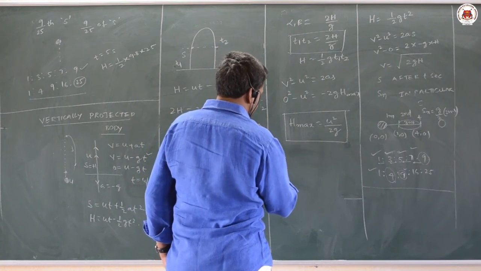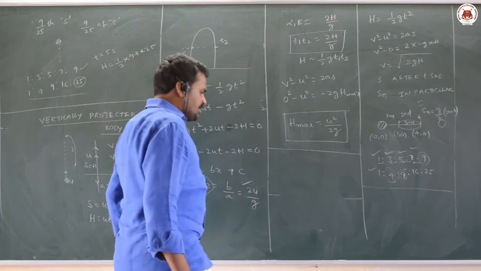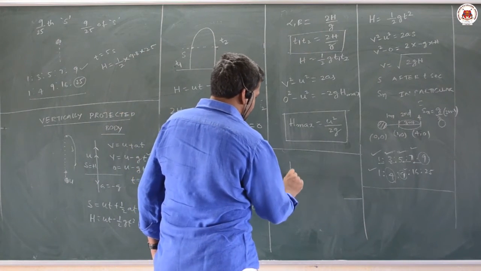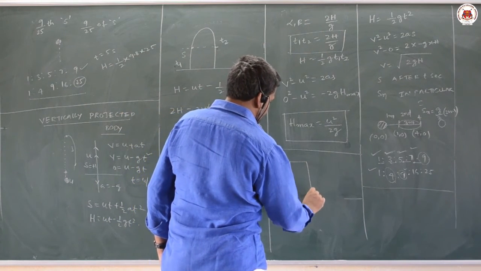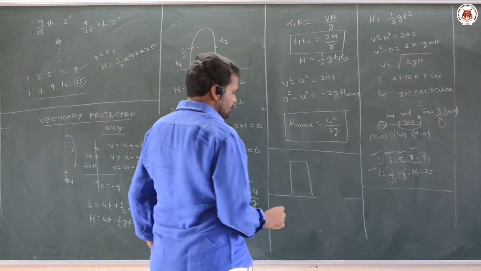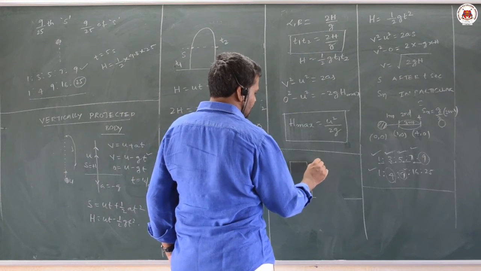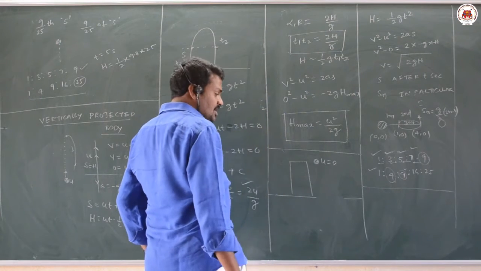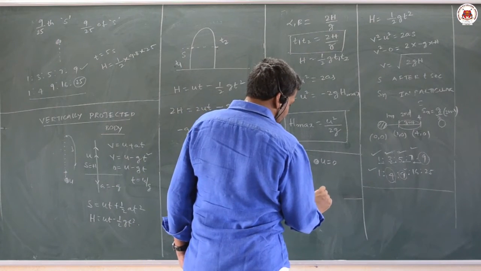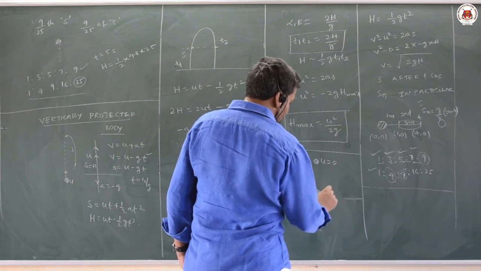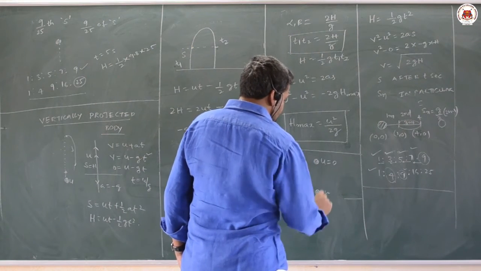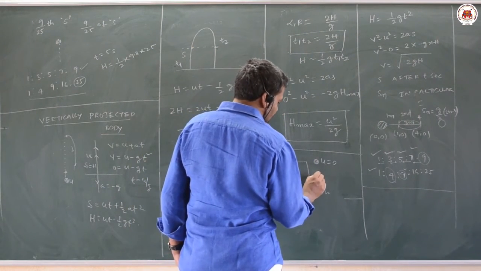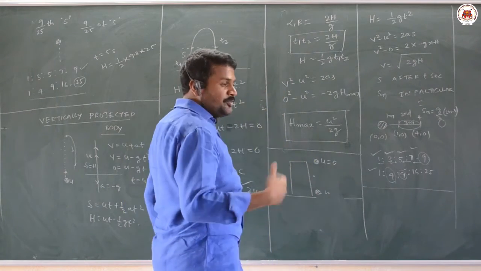Next, there is one more case here. If a body is dropped freely from the top of a tower with velocity u equal to 0, at the same time another body is thrown upwards with velocity u simultaneously, find the point where and the time after which they both meet each other.